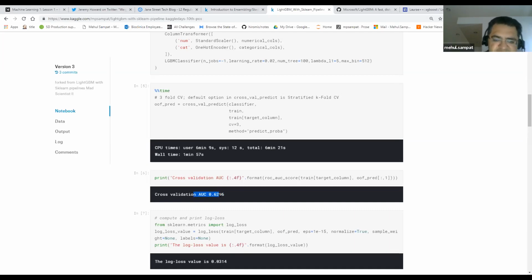So the general concept is: are the scores on the test and the training data similar? Because if you are overfitting your training data, you get a very high local cross validation. Okay, does that help? Yeah. Okay. Thank you.